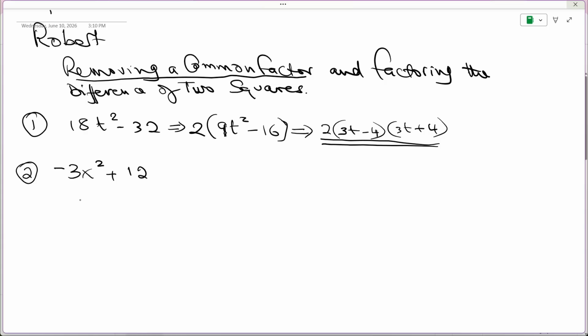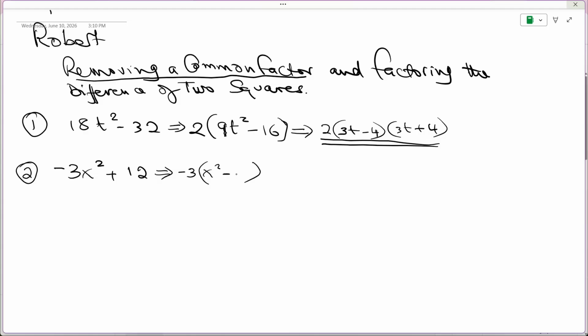The only way we can remove a common factor is actually by getting rid of minus 3. So if we remove minus 3, then we will be left with x squared, which is a perfect square. And we need to have a minus there to give us a difference of two squares. So if we remove the 3 from 12, we would remain with 4.